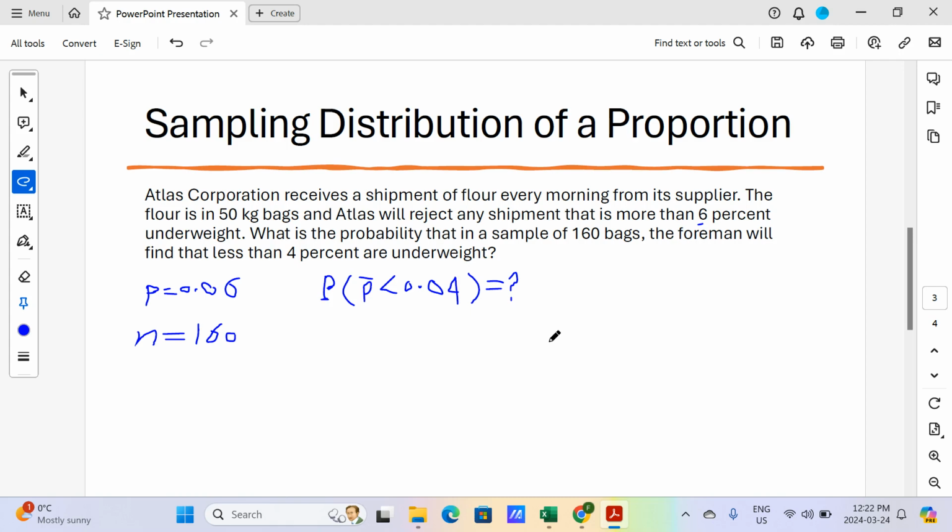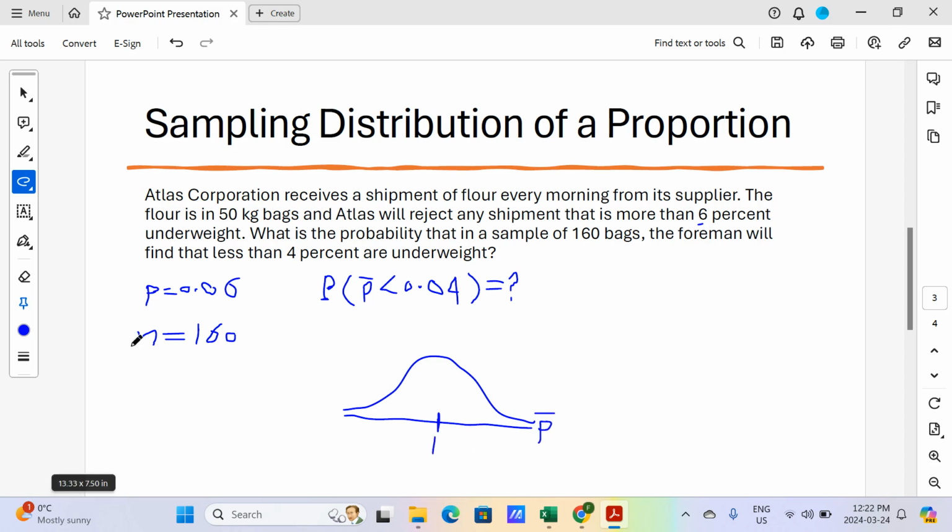Okay, so look at here. I know P bar is a normal distribution, so it's bell-shaped. And what is the mean value? In the middle, we have the mean value of this distribution. I know the mean value of the distribution of P bar is population proportion.